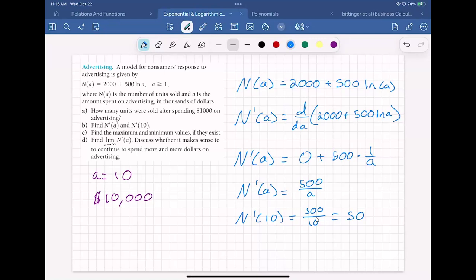Okay, if I can go find how many are being sold when we spend $10,000, I should expect 50 more units possibly, right? That's just an estimate, of course. Okay, so it's not the exact graph because we're using the derivative to help look forward. Any questions or concerns with that, though?